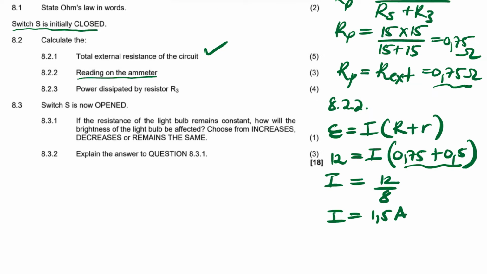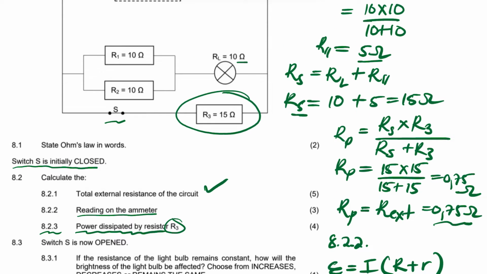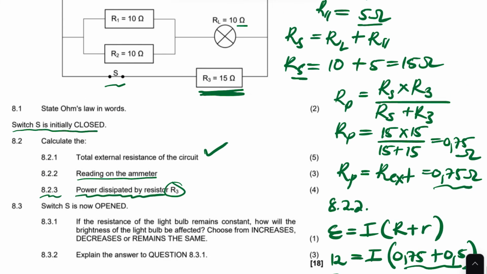Now let's go to 8.2.3, calculate the power dissipated in R3. So we want the rate at which the energy is transferred here. What do we have here? We only have the resistance there. And what else do we know?